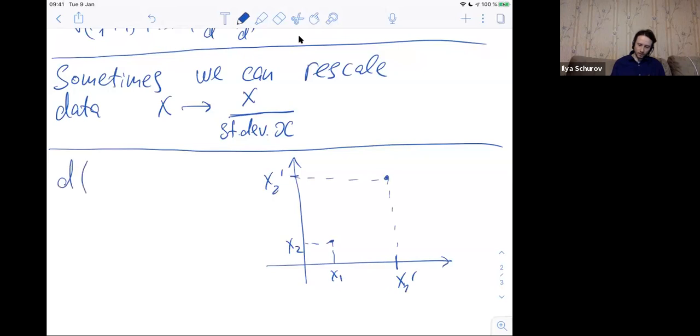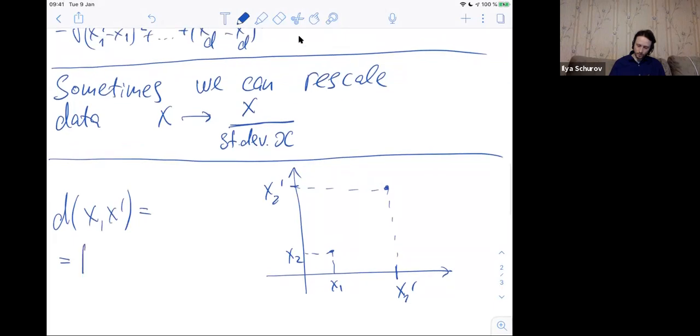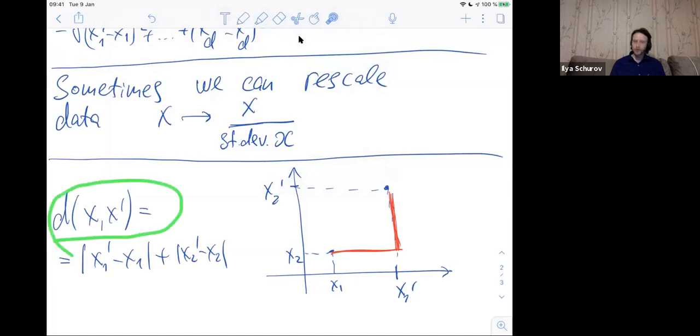And I can consider the following distance between two points, x and x prime, which is: I just measure this distance and add it to this distance. So this is also a correct way to define distance.